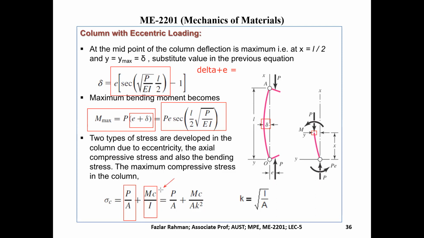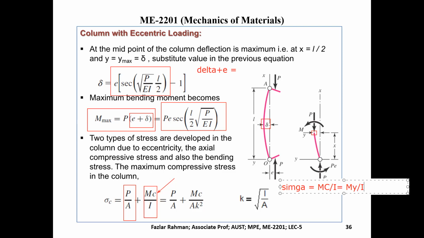Where is this C coming from? It's coming from your beam. Because in the beam, normally you write sigma equal to MC over I, or you see some books write My divided by I.